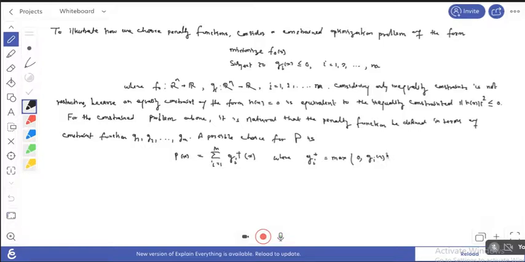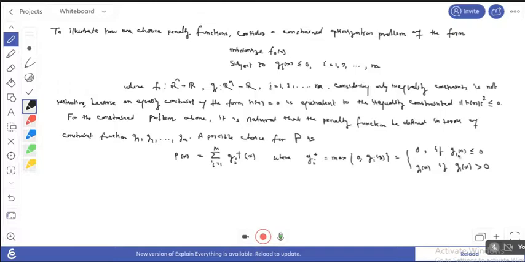This means the value is 0 when your function is either 0 or negative, and your function is taken as it is if it is positive in that domain, that is, strictly greater than 0. Because we have to choose our penalty function to be always non-negative, that's why we take the gi plus value.